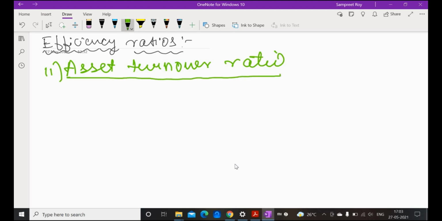First, let me explain what efficiency ratios are. Efficiency ratios will primarily indicate how efficiently a company is able to use its assets to generate revenues, right?